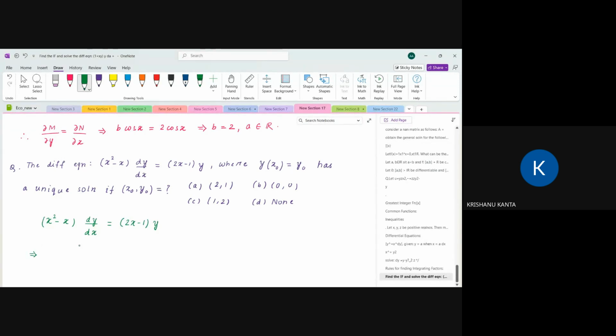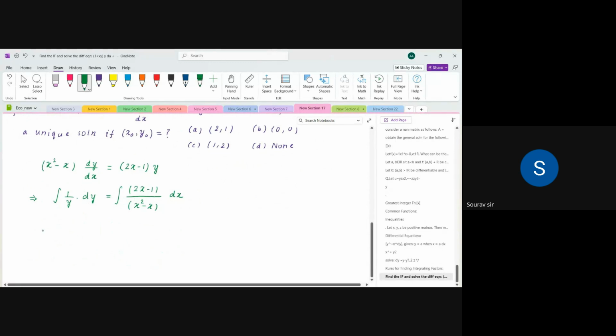Correct. Absolutely. So I'll bring all the y terms to the left and take all the x terms to the right, and integrate both sides. Correct?